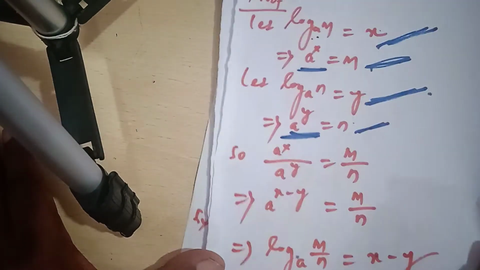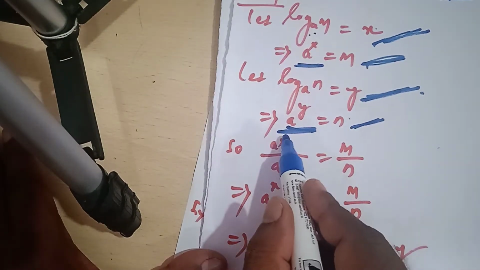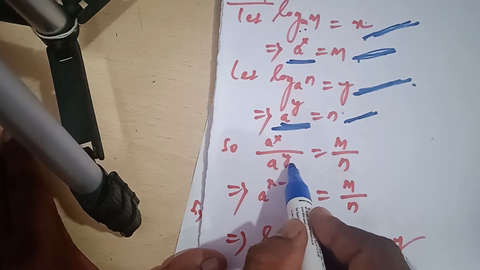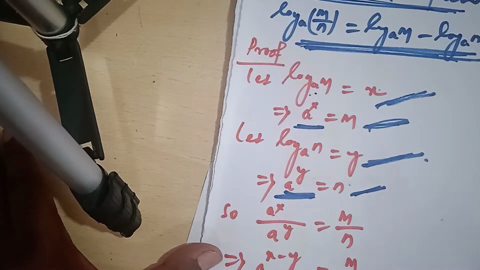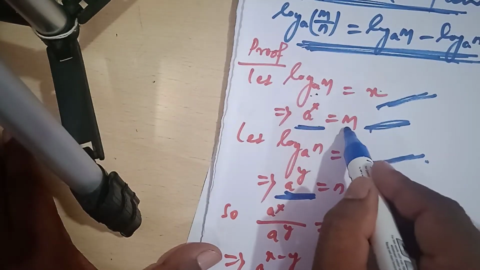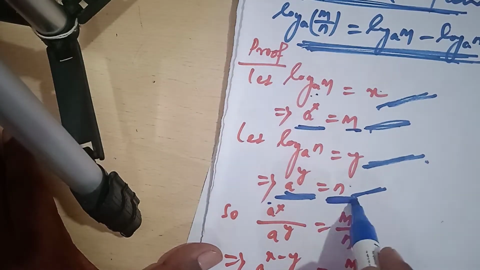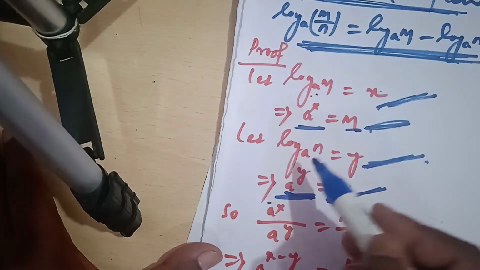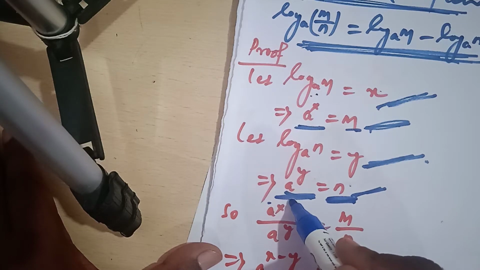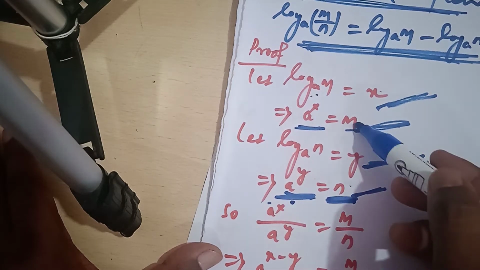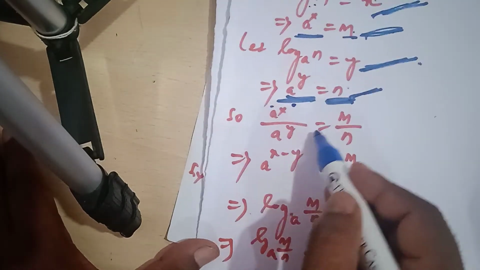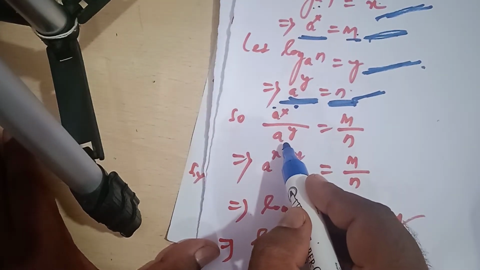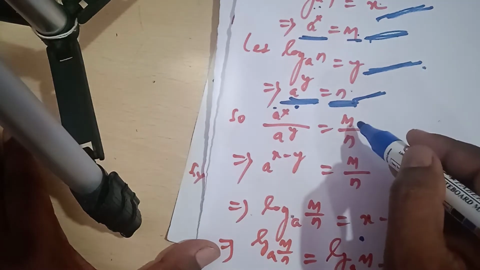So I write a to the power x divided by a to the power y. As a to the power x is equal to m and a to the power y is equal to n, a to the power x divided by a to the power y is equal to m divided by n.